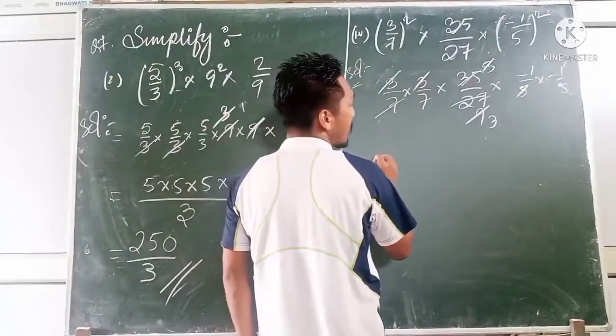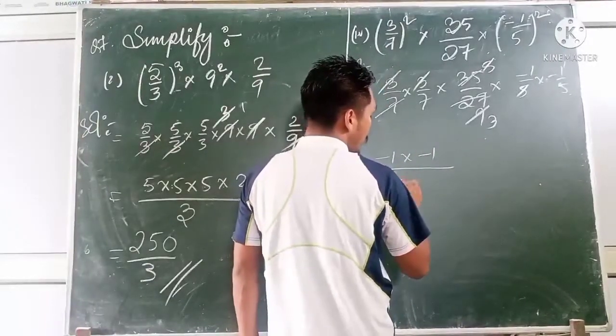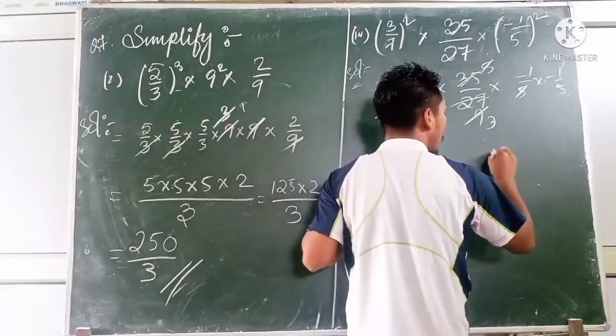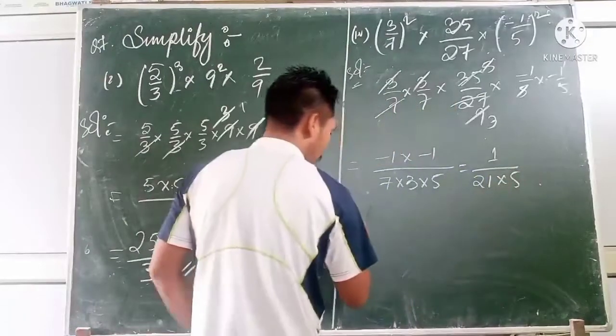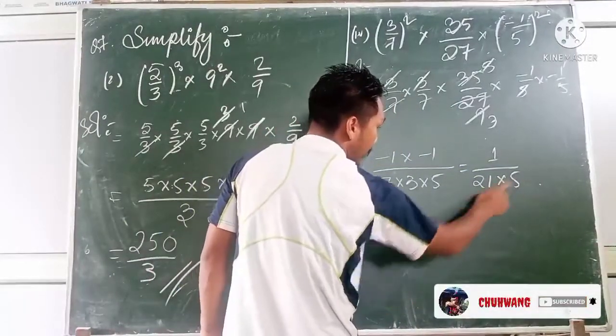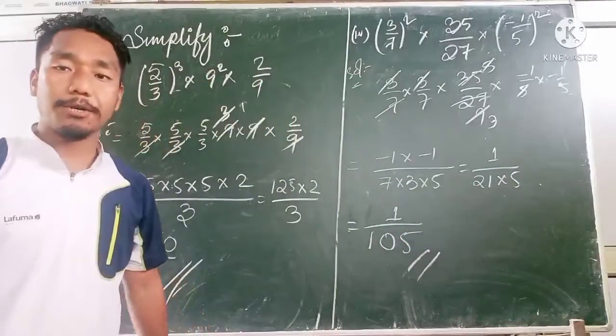So here our answer becomes minus 1 into minus 1 divided by 7 into 3 into 5. So minus 1 into minus 1 becomes plus, 7 3s are 21 into 5. So your answer will become what? 1 divided by 5 1s are 5, 5 2s are 10. So your answer is 1 by 105.